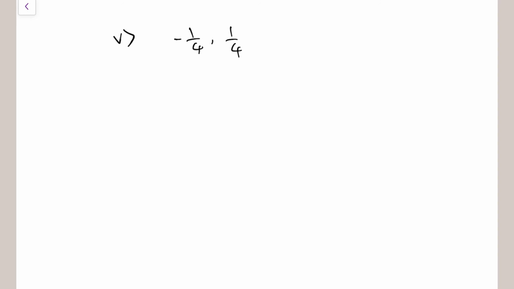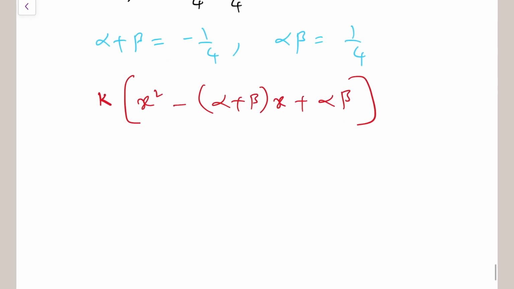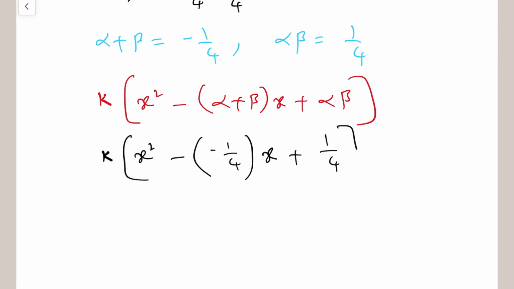This is the required quadratic polynomial. Question number 5. Minus 1 by 4 and plus 1 by 4. Alpha plus beta value is given as minus 1 by 4. Alpha into beta value is given as plus 1 by 4. Substituting in the formula, k into x square minus alpha plus beta into x plus alpha beta. K as it is x square minus alpha plus beta is minus 1 by 4 into x plus alpha into beta is 1 by 4.